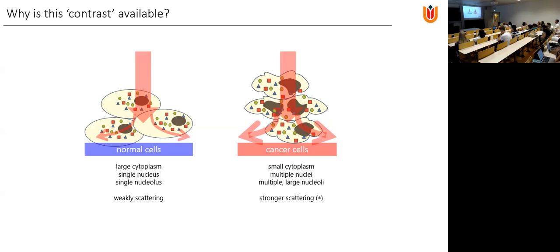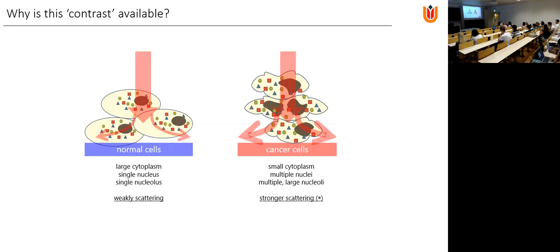So we know what happens with the cells that progress from normal to cancerous, is that there are certain morphological changes, functional changes inside the cell. So normal cells which have large cytoplasms, that's cancerous cells, they shrink a little bit, small cytoplasms. A normal cell only has a single nucleus, whereas a cancer cell can have multiple nuclei.